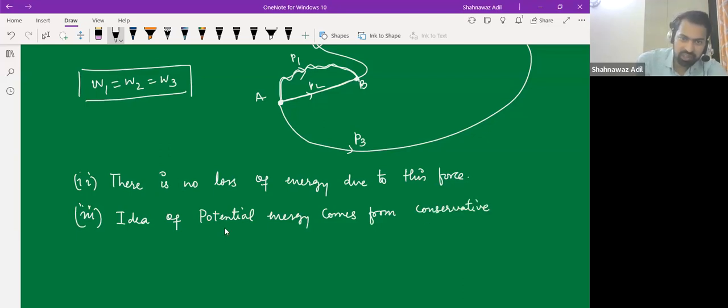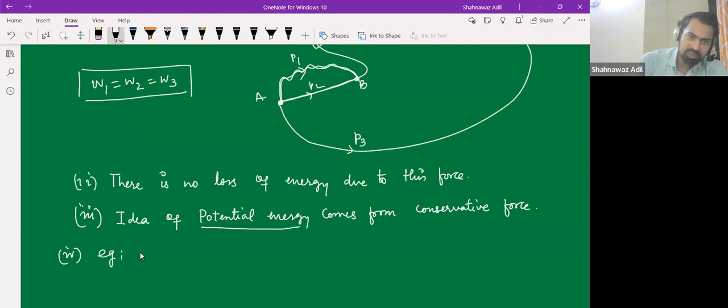Potential energy is only defined for conservative forces. If your force is not conservative, then there would be no definition of potential energy. Understood, everyone? Yes, sir.